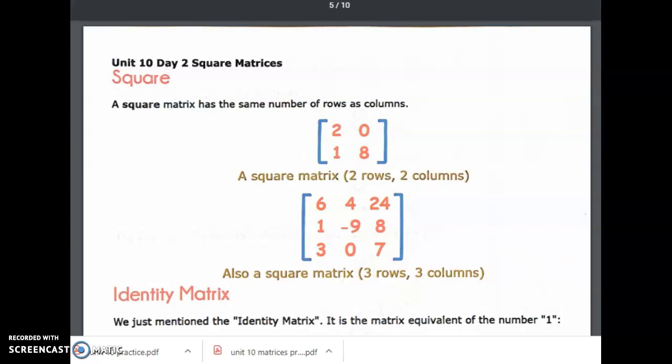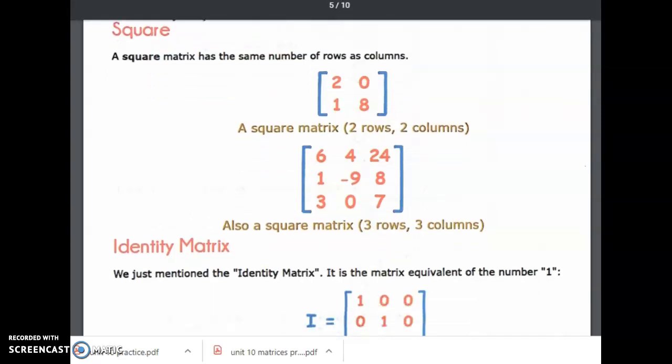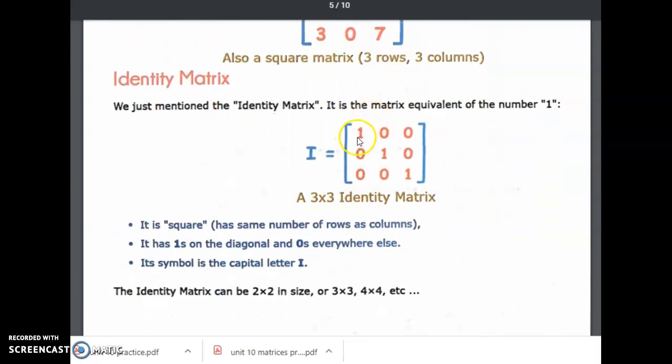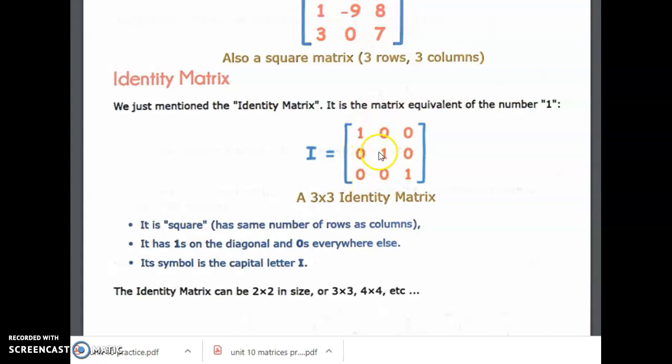One particular square matrix that's important is the identity matrix. This is a square matrix with zeros in all of the elements except for the main diagonal, which has ones. So this example that's shown in your notes is a 3 by 3 identity matrix. A 2 by 2 identity matrix would just be this section right here.